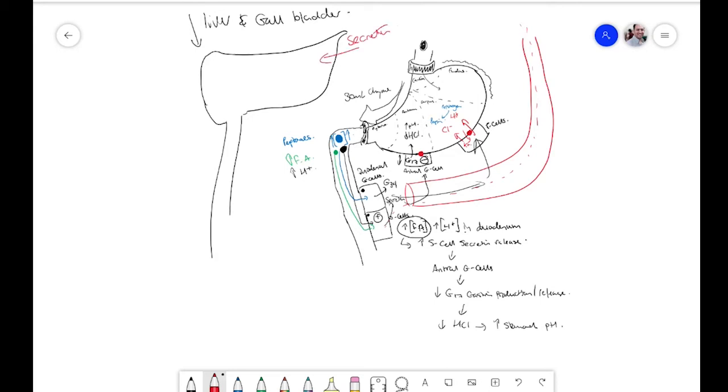The secretin will cause the liver to act upon cholesterol and break it down into bile acids. Now, therefore, what we were doing by increasing the number of bile acids is we are increasing bile synthesis.